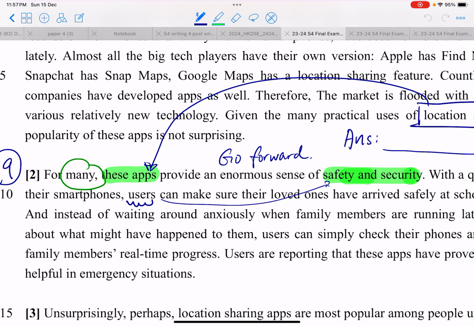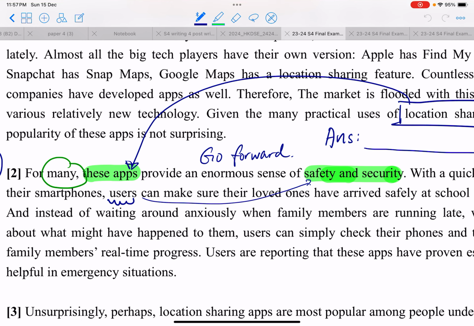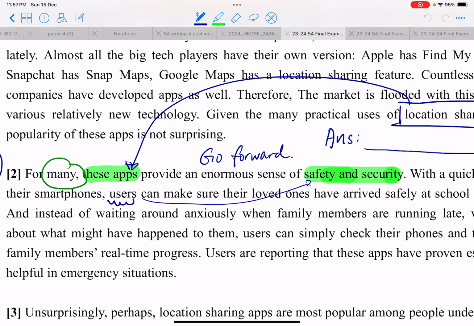So there's nothing we can go back to refer to, right? It is the first sentence in paragraph 2. So sometimes we may have to go forward to see if we can find anything that we can refer to. Another way is we can look at some extra information to help us understand what this "many" refers to.